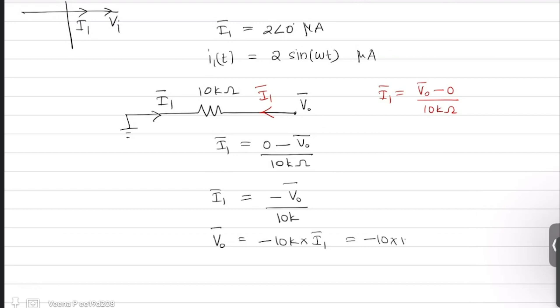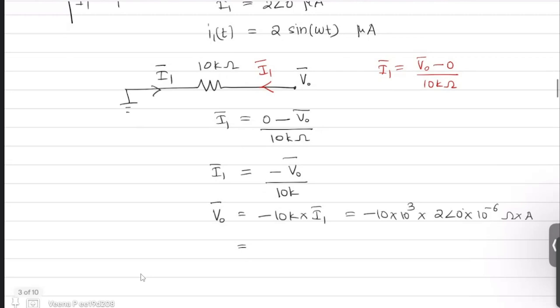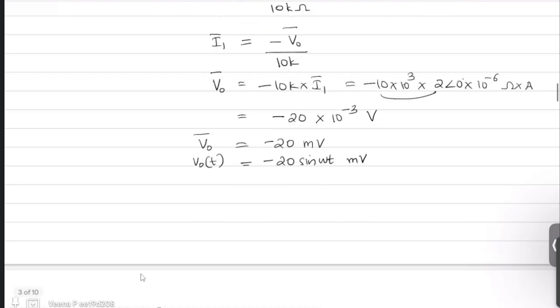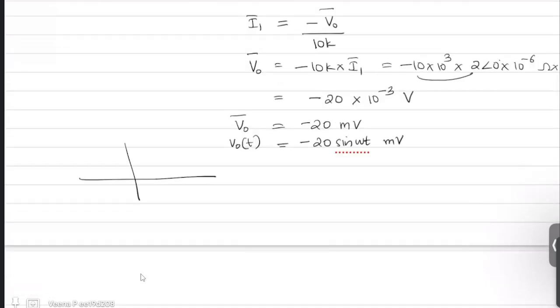Now this is minus 10 into 10 raised to 3 times I1, which is 2 angle 0 into 10 raised to minus 6. That much ohm times ampere, which is volts. So your V0 is minus 20 times 10 raised to minus 3 volts. This is nothing but minus 20 millivolts. So in the time domain, V0 is minus 20 sine omega t millivolts. Here is your Vi, here is your I1.